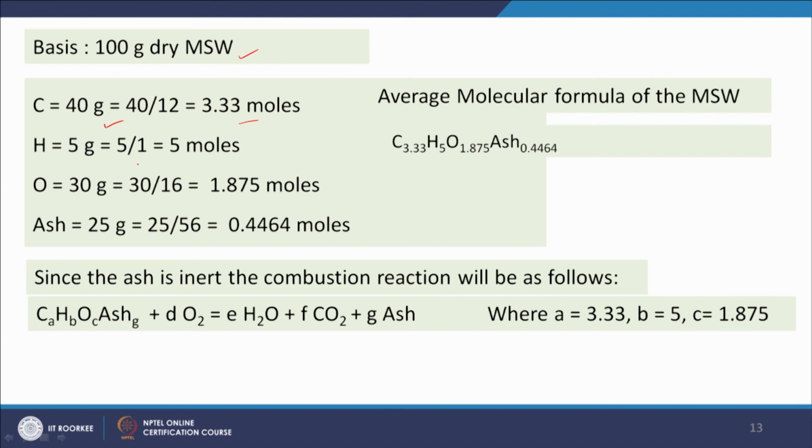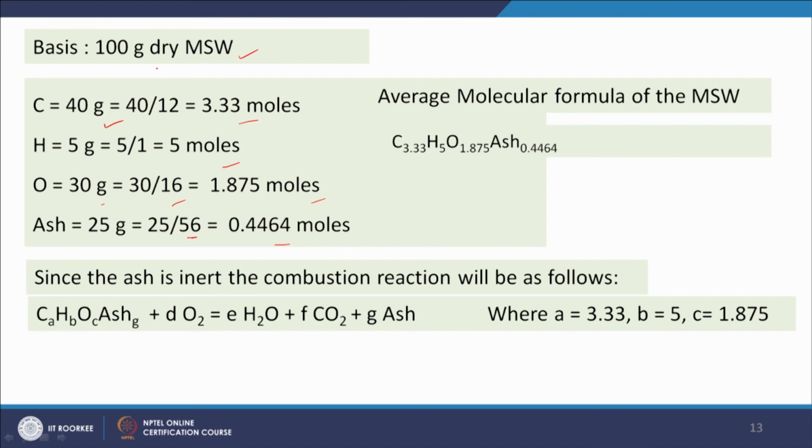So, mole will be 5 by 1, this is equal to 5 moles, and oxygen is equal to 30%. So, 30 gram. So, 30 divided by 16. So, that is equal to 1.875 moles, and ash 25%. So, 25 gram and divided by 56 molecular weight. So, this is 0.4464 moles. So, these are the number of moles present in 100 gram of dry MSW.